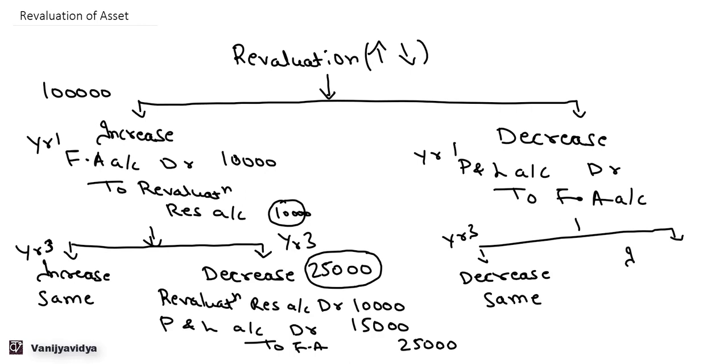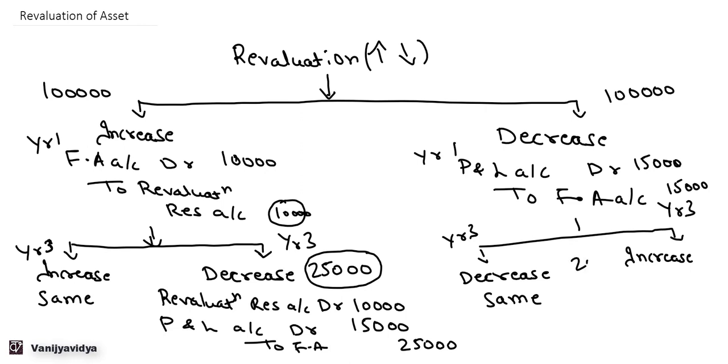But say subsequently in year 3 there is an increase. Say the value of the asset was 1 lakh again. Earlier in year 1 it was revalued and the decrease was 15,000, which was debited to your profit and loss account in year 1. Then subsequently now there is an increase of how much?